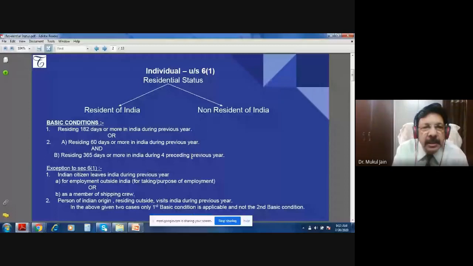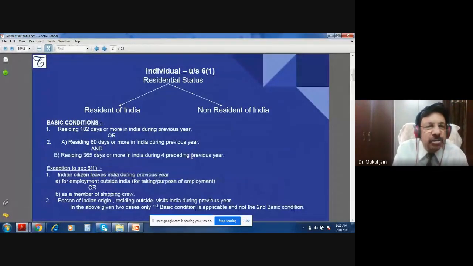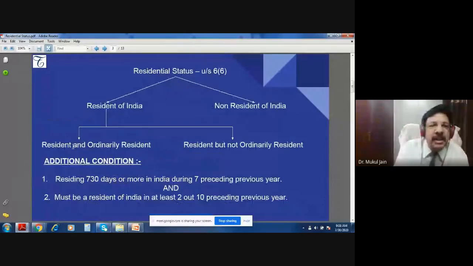Okay, now if a person does not meet any of these first and second conditions, the person will be known as non-resident of India. Now, within resident of India, there are further two categories. One is called resident and ordinarily resident, and the second one is resident but not ordinarily resident.